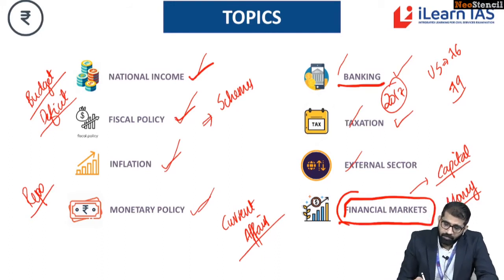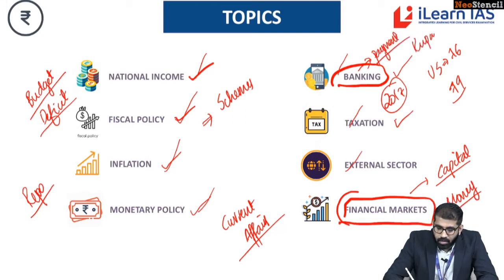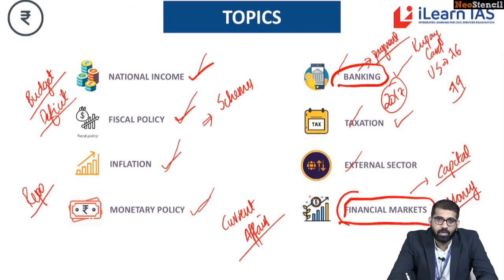Another type of current affairs that UPSC regularly asks is related to banking. For example, when it comes to the payment system, you know about the RuPay card, right? They have asked about the RuPay card. They have asked about BHIM, that is, UPI, the Unified Payments Interface. They have asked about digital wallets.